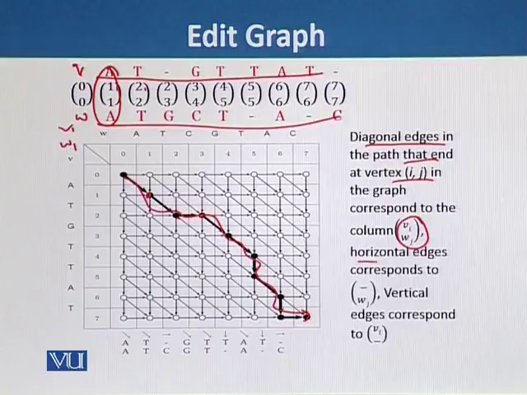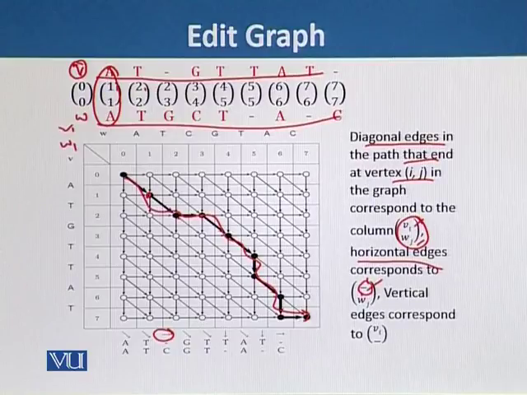But when we use the horizontal edges, it means that we have a missing alphabet in the V. So we will always use the horizontal arrow whenever there is a missing alphabet in the V string. We will represent it as a dash and Wj. In this we have both the numeric values, and here we have a missing alphabet.